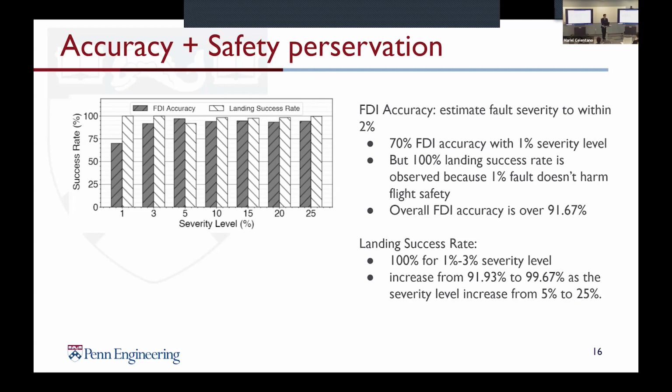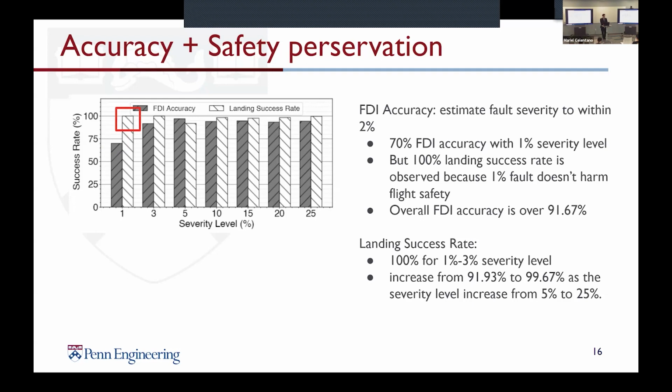The diagram on the left shows that for the 1% severity level, we only have about 70% FDI accuracy. It is fine, at least for me, because 100% landing success rate is observed, since 1% severity level doesn't harm the flight safety at all, so it doesn't matter.